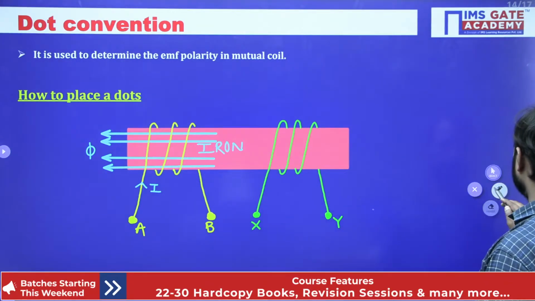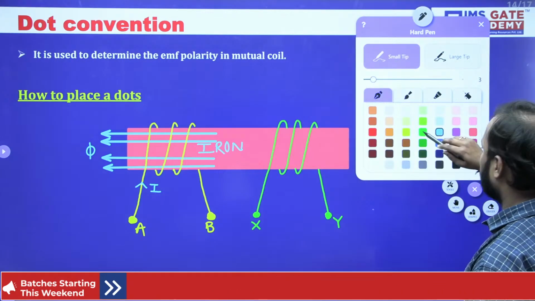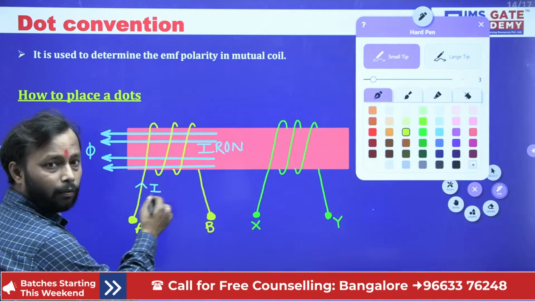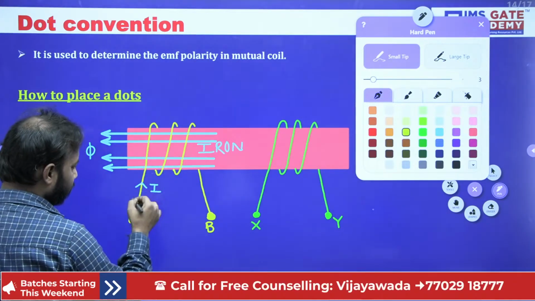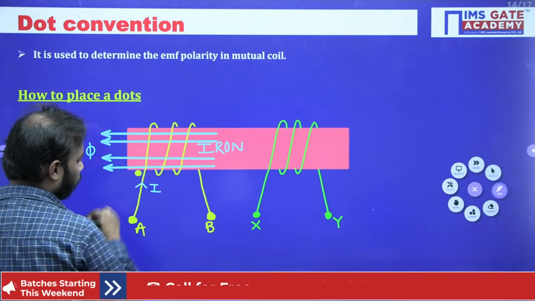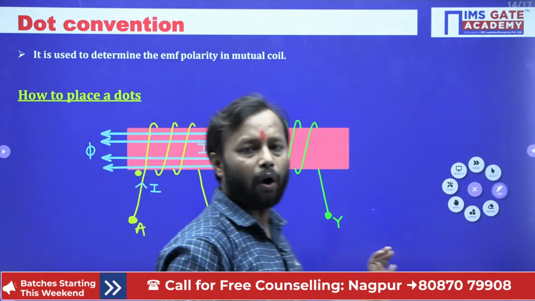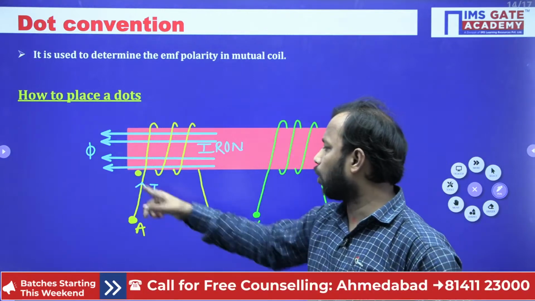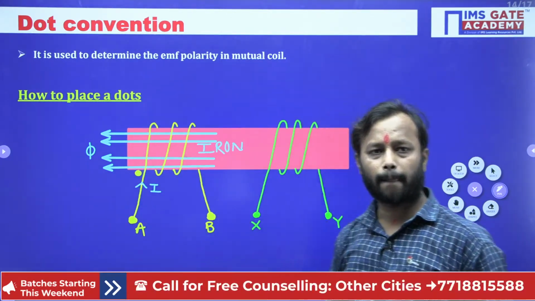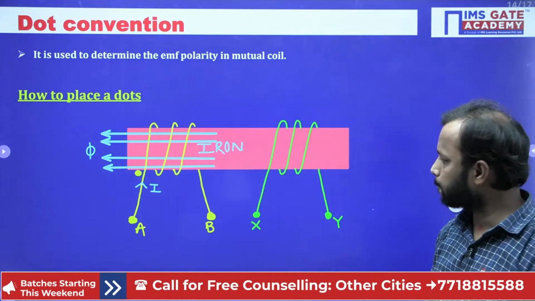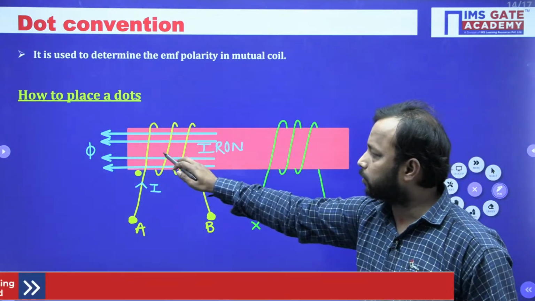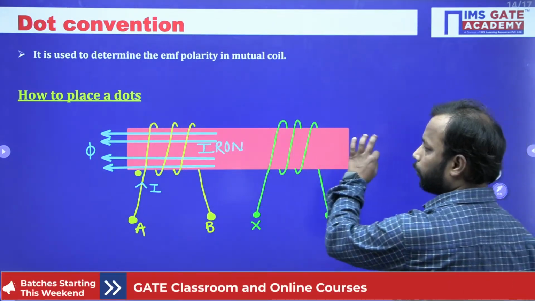The dot symbol gives you the information that in that winding the current is entering at that portion. So here, since the current is entering here, we will provide a dot. Or suppose the direction is not given to us, then this dot simply implies that the current is entering from here. Done? Any doubt in this? Now in the next coil, this flux will also be coming from here, isn't it?